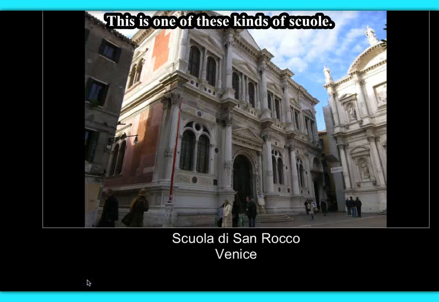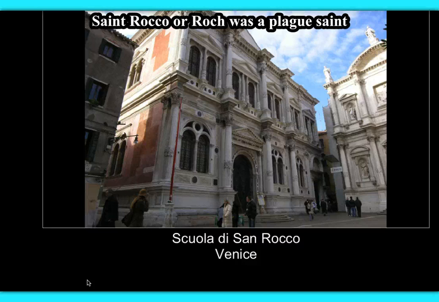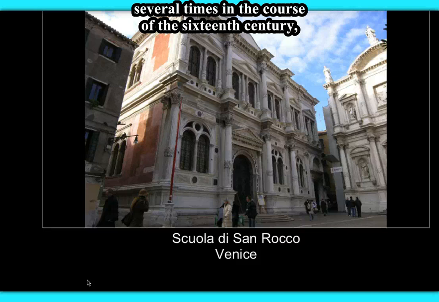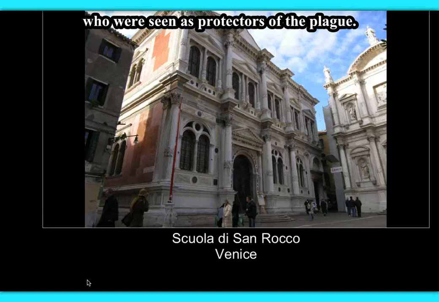This is one of these kinds of scuole. This is the Scuola of San Rocco. Saint Roch or Roche was a plague saint, and because the plague goes through Venice several times in the course of the 16th century, as we've seen already with Titian, there was a real devotion to these saints like Saint Roche and Saint Sebastian, who were seen as protectors against the plague.